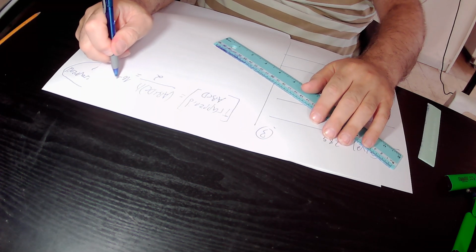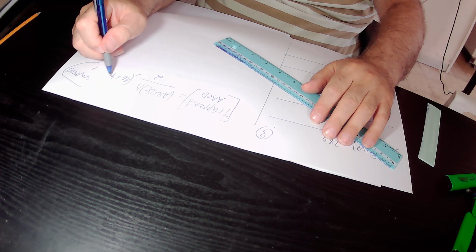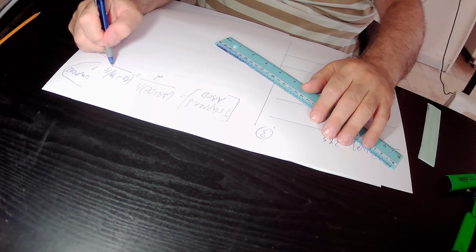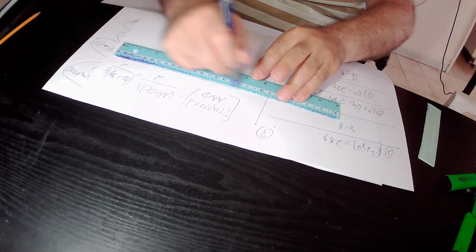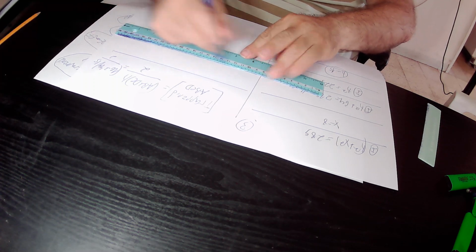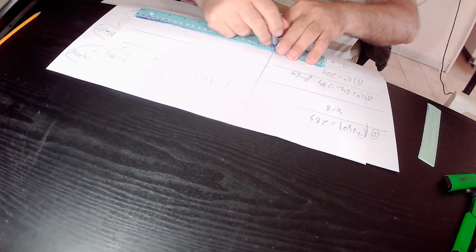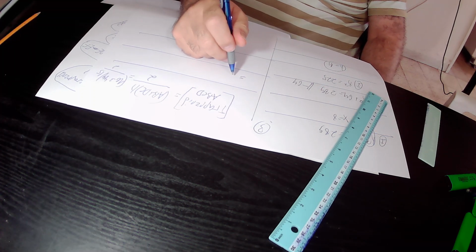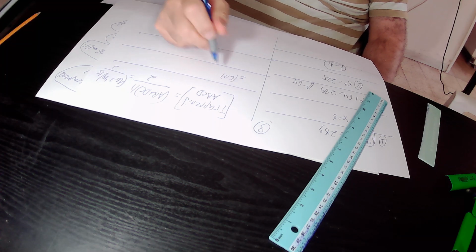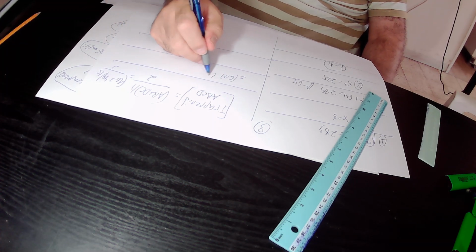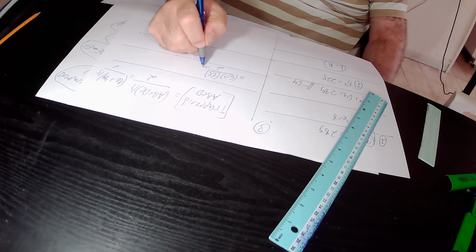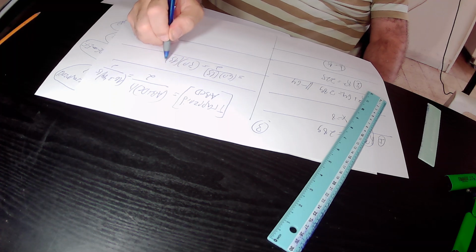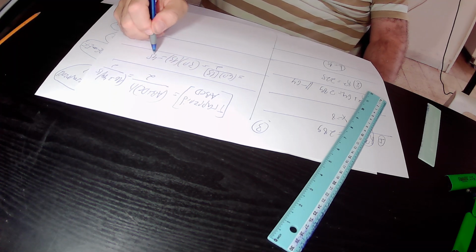AB is 16, DC is 44, and the height is 15, divided by 2. So the area of trapezoid ABCD in total is equal to (16 plus 44) times 15 over 2. 16 plus 44 is 60. So this expression equals 60 times 15 over 2. 60 over 2 is 30, so this equals 30 times 15, and 30 times 15 is 450.